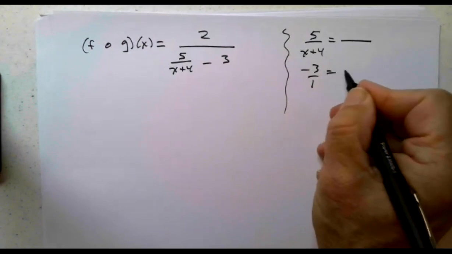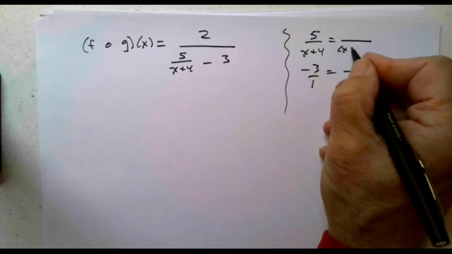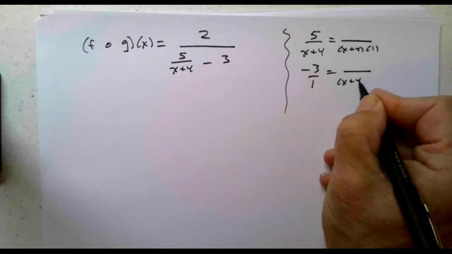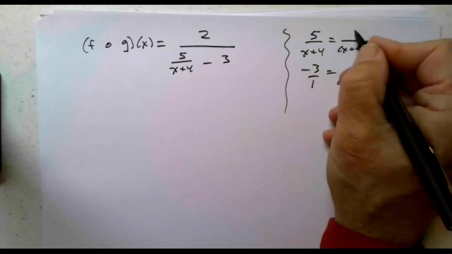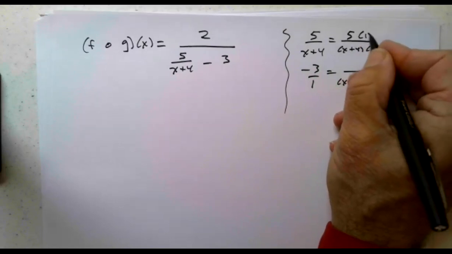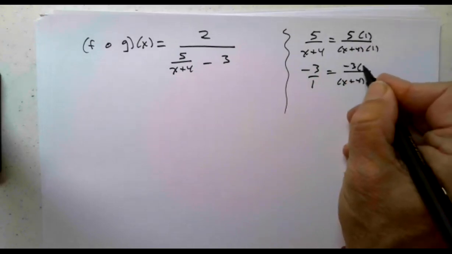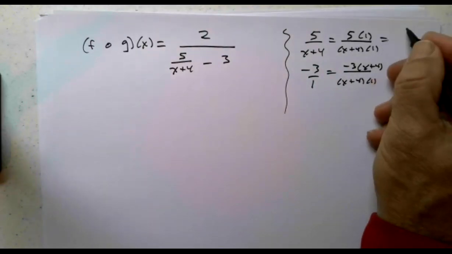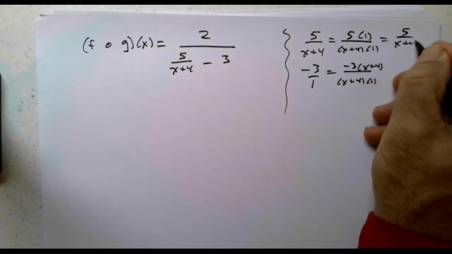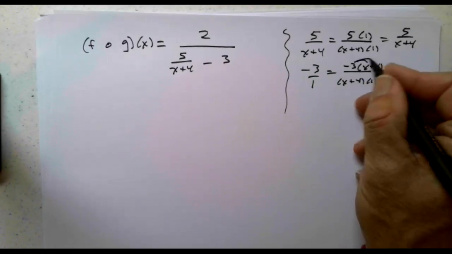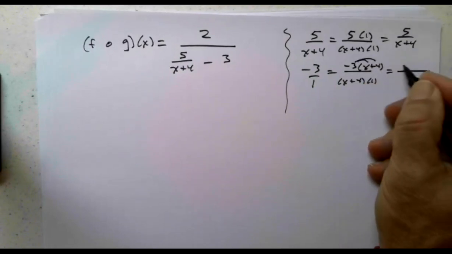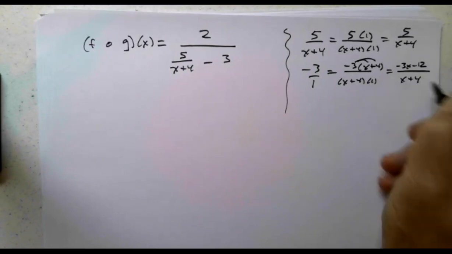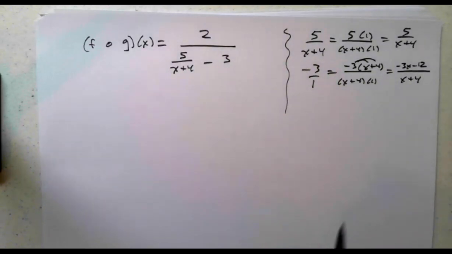Common denominator, x plus 4 times 1. So 5, what's new on the bottom, multiplied by 1. Negative 3, what's multiplied on the bottom? x plus 4. So we get 5 over x plus 4, negative 3x minus 12 over x plus 4. And I've got to put these together.